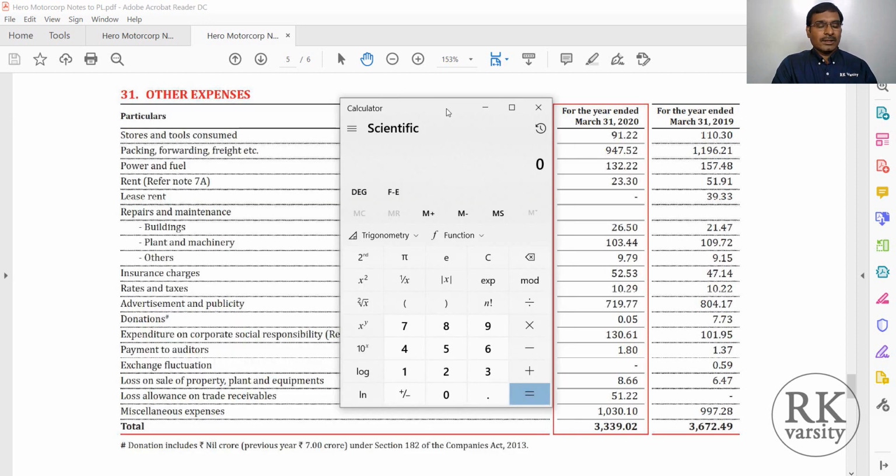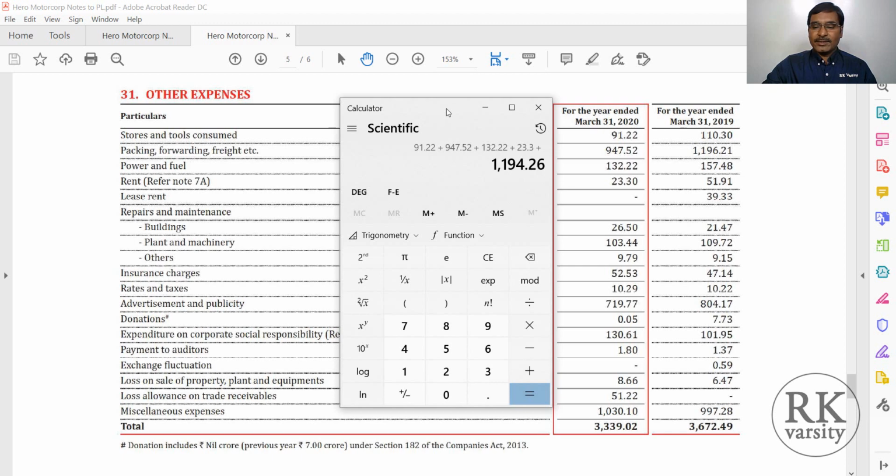So your stores and tools consumed 91.22 crore plus packaging forwarding 947.52 plus power and fuel 132.22 plus rent 23.30. Lease rent is not there.